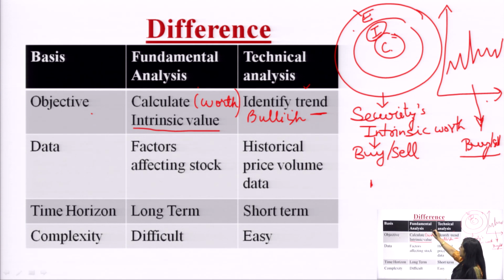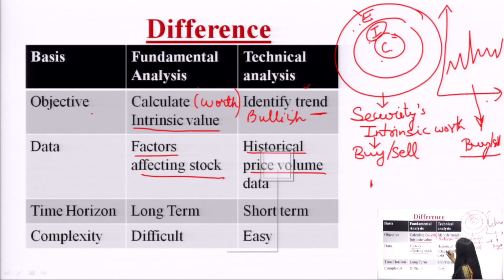What data is the fundamental analyst analyzing? He is analyzing the factors which are affecting the stock: economy related, industry related and company related. The technical analyst is taking historical price volume data to find out some indications, some patterns.